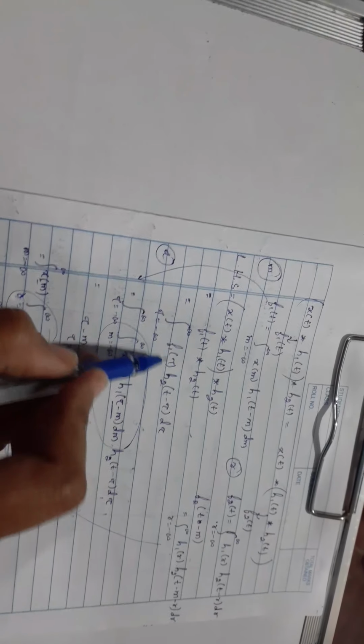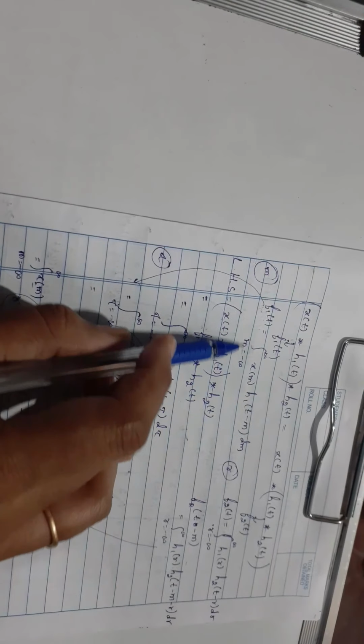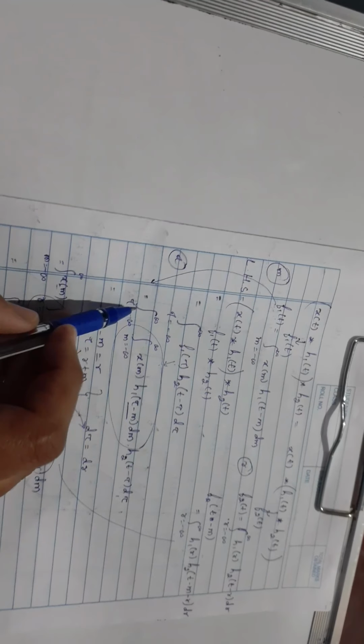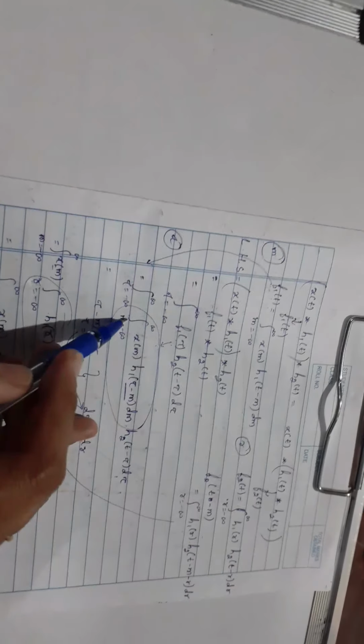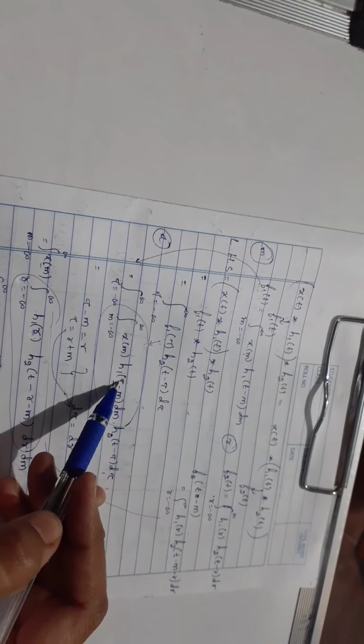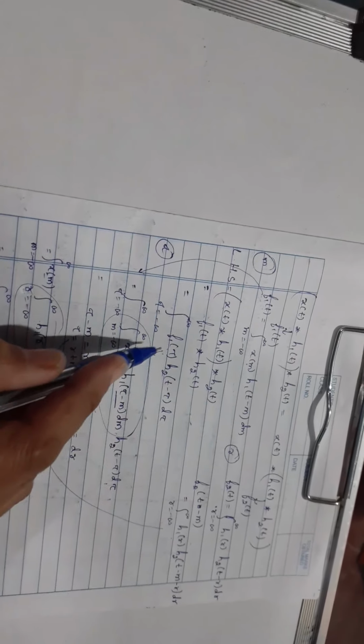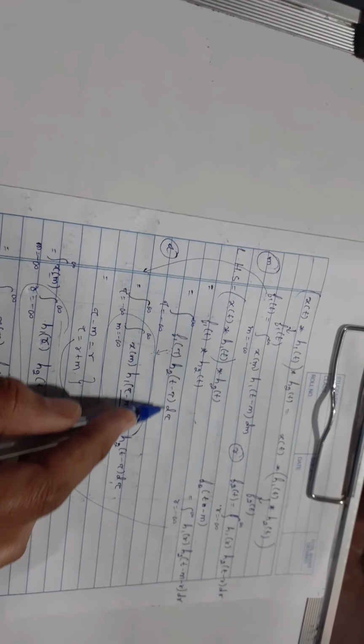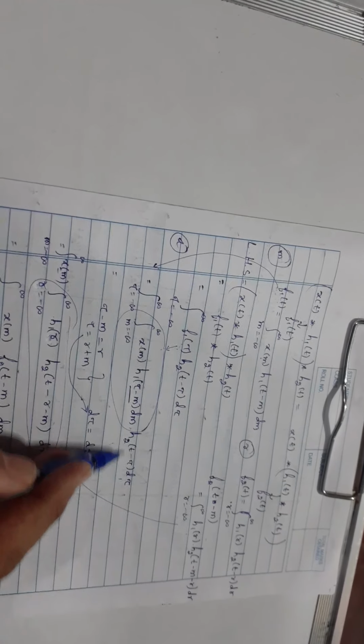We can get f1 of tau, simply replace t by tau in your RHS. So the integration as it is, x of m as it is, h1 of tau minus m dm, and this is f1 of tau, the remaining two terms as it is in the formula.